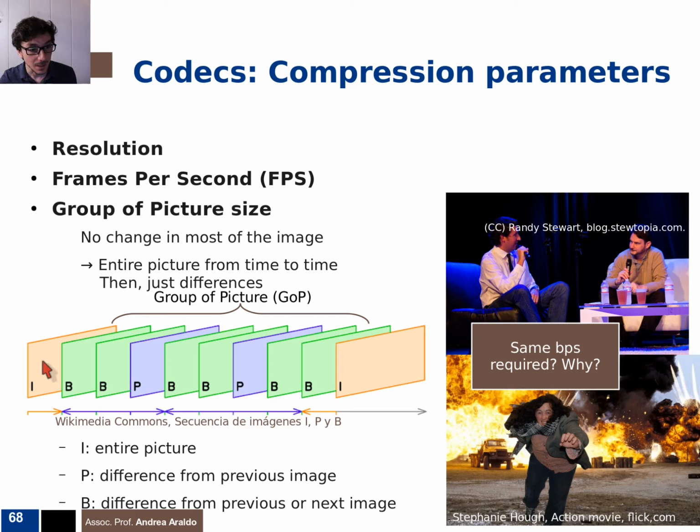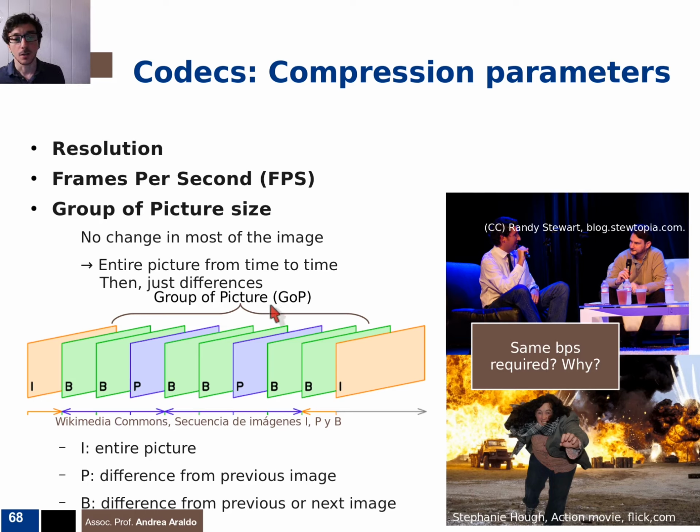So it means that after an I picture, the bits you need to represent just the changes are very few. So sending, instead of complete pictures, a group of pictures in which you have just one I frame and then B and P frames allows you to save a lot of bandwidth.